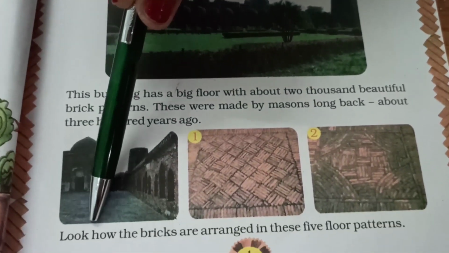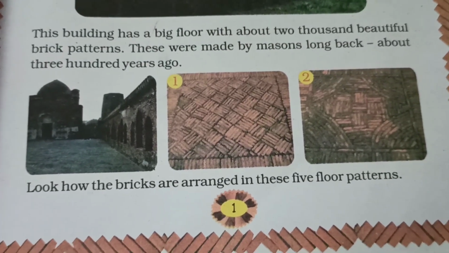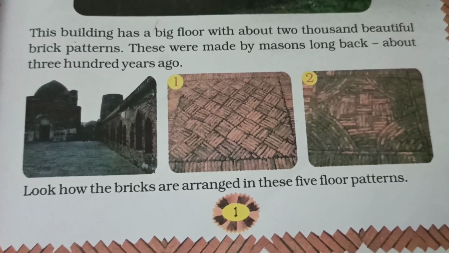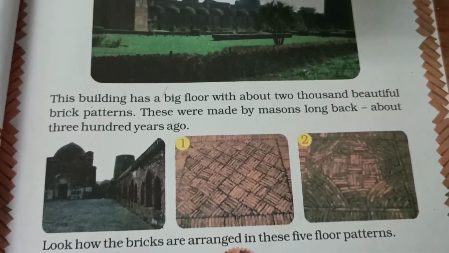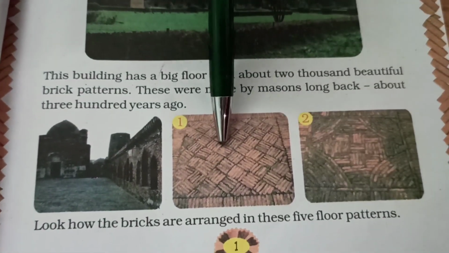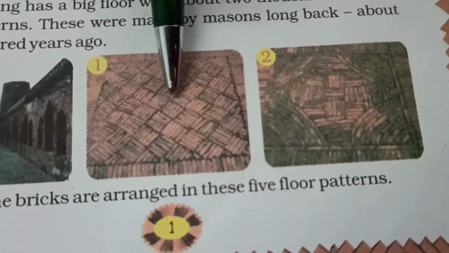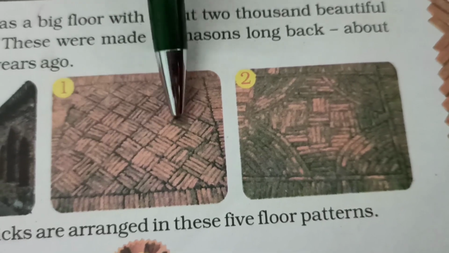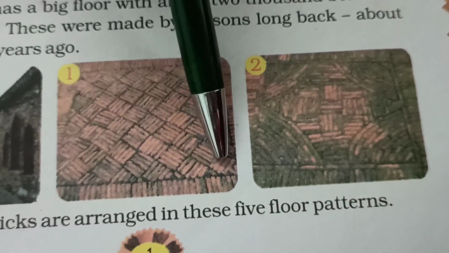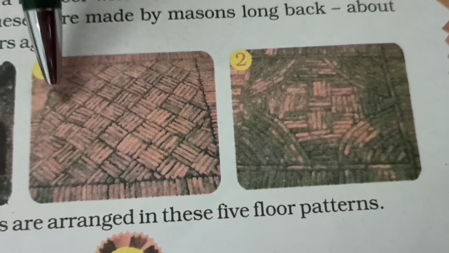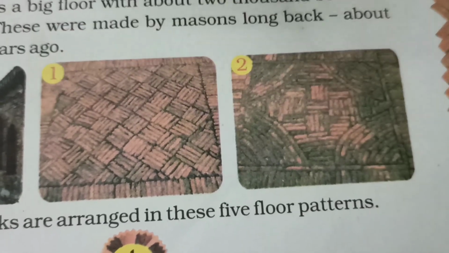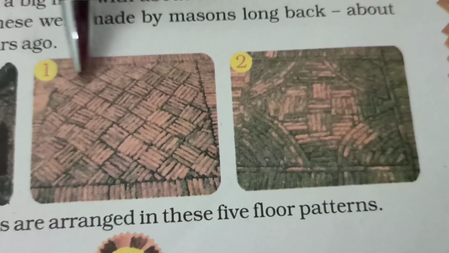If you look at the pictures, you can see how these bricks are used for making the floor and walls of this tomb. So look at this picture on page number 1. There are two pictures of different brick patterns. See, in the first picture it is a square shape. In that square shape, see how beautifully the bricks are arranged.